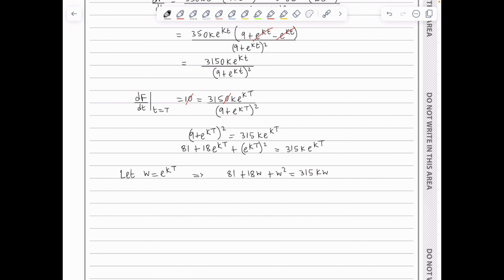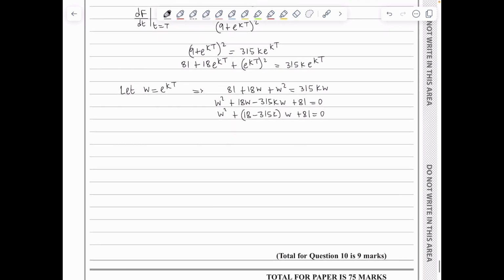Collecting everything on the left hand side will lead to w squared plus 18w minus 315kw plus 81 is equal to 0, and therefore we've got a quadratic in w, which says w squared plus (18 minus 315k) times w plus 81 is equal to 0. I can then use the quadratic formula to find the possible values for w.